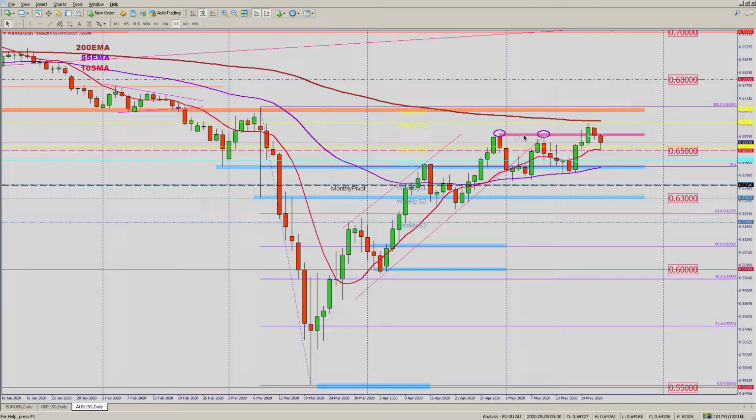It did push through the double top resistance zone and spike through that before pulling back down to almost hit the 0.65 level again. So this could still be an intermediate resistance zone. It wasn't able to reach the daily 200 because it just hit the weekly R2 pivot instead.